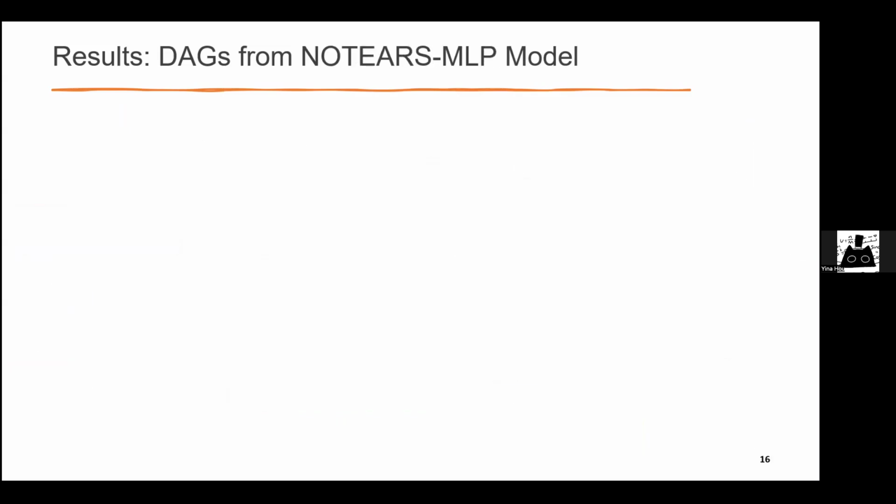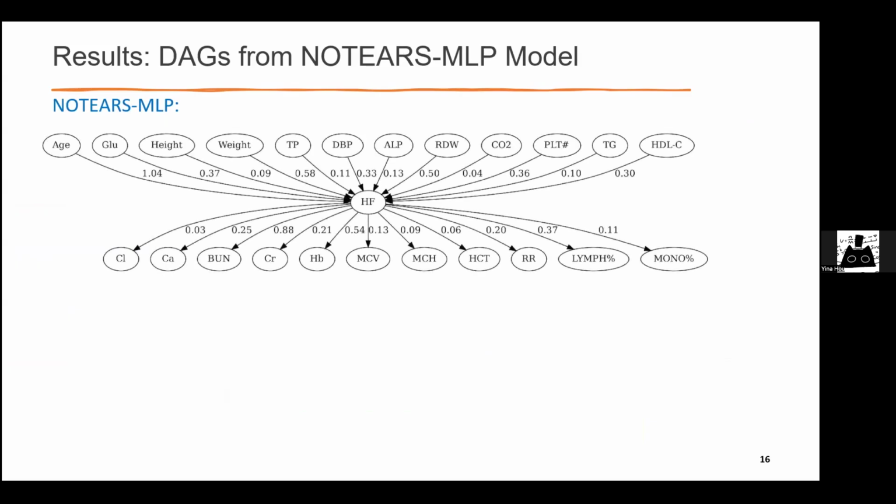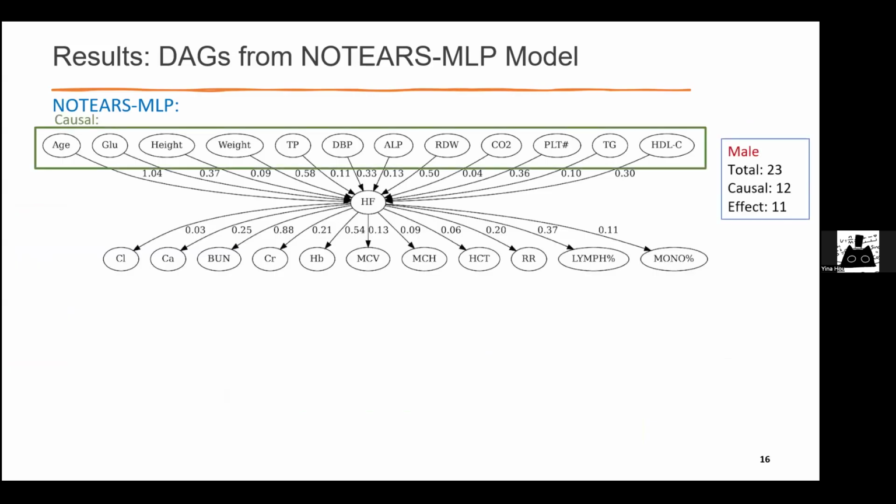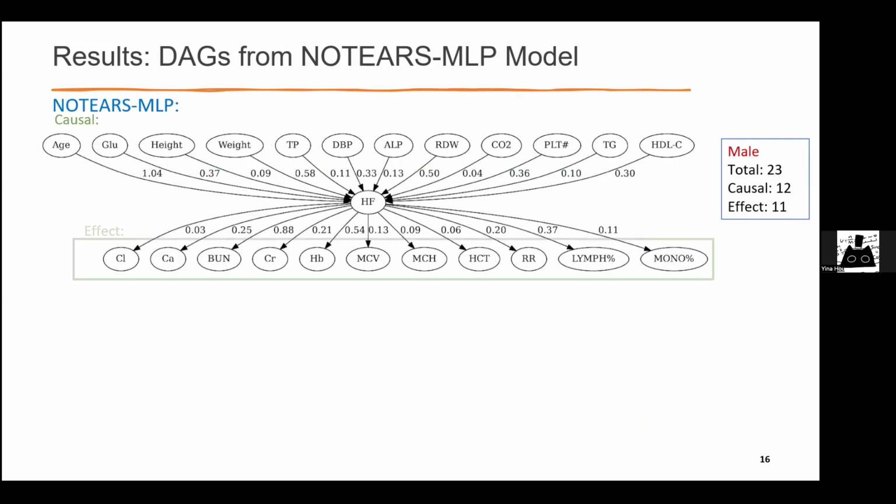But for the NOTEARS MLP, in the DAG for the male dataset, a total of 23 features show in the DAG. 12 features cause heart failure, 11 are effects of heart failure.